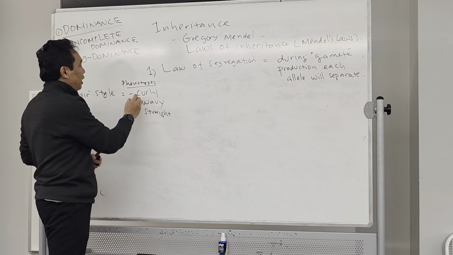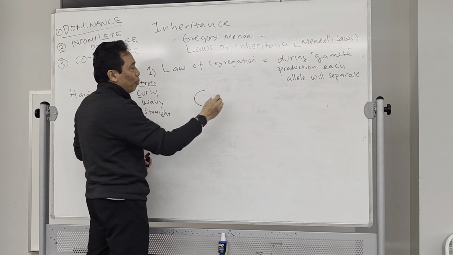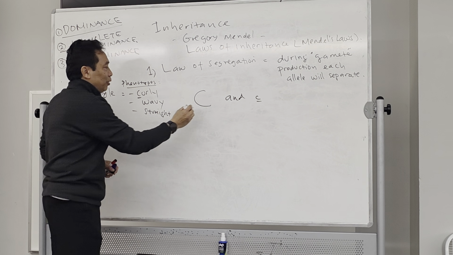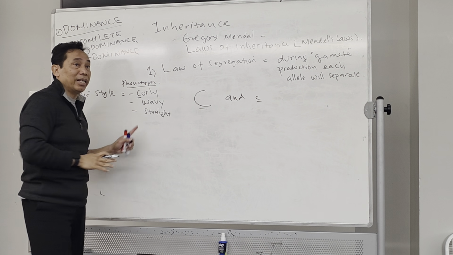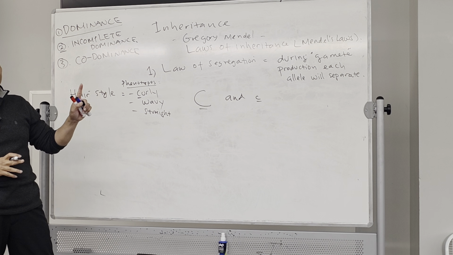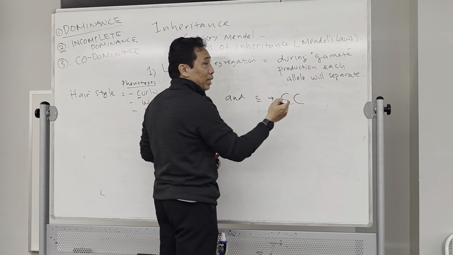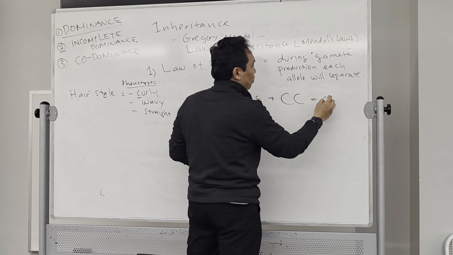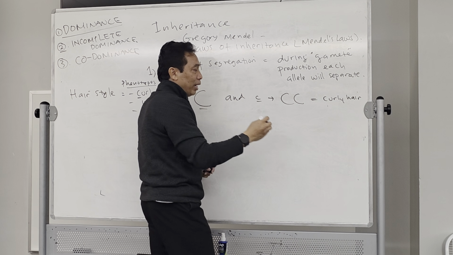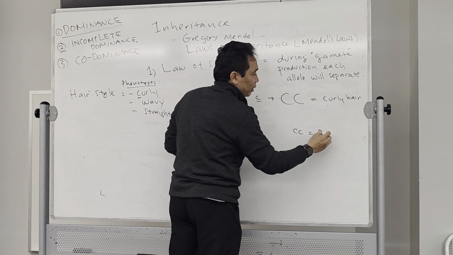Let's say we use C, and then the opposite will be lowercase c. You cannot use C and W, or C and S, etc. Use the same letter type. Let's say the one that is homozygous dominant has curly hair. The one that is homozygous recessive is the one that has straight hair.